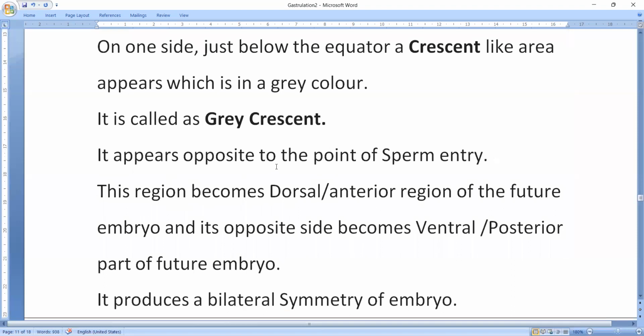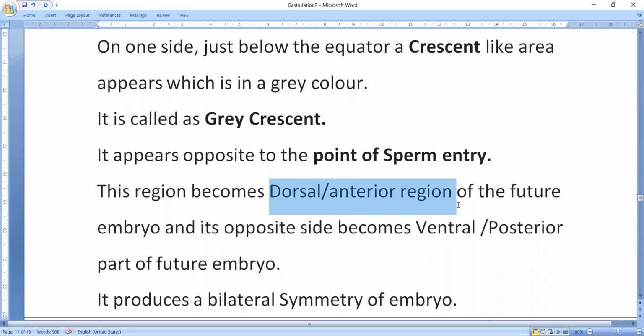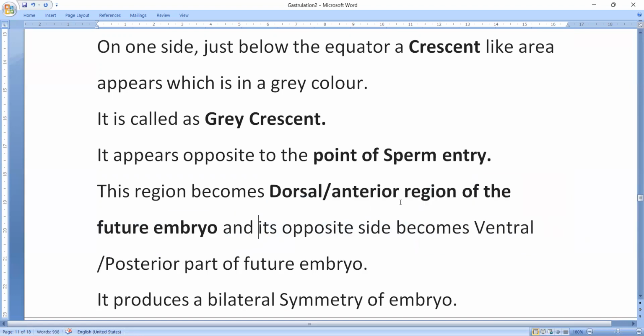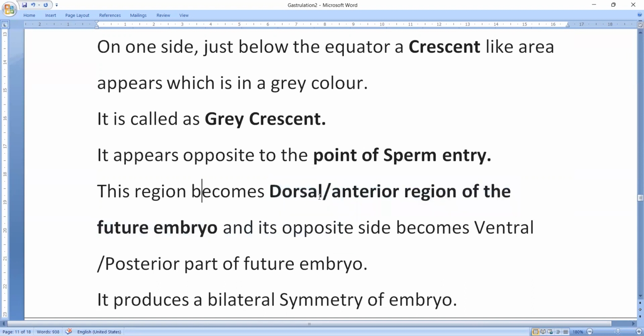It appears opposite to the point of sperm entry. Remember, exactly opposite to where the sperm enters, the gray crescent is formed. This region becomes the dorsal or anterior region of the future embryo.